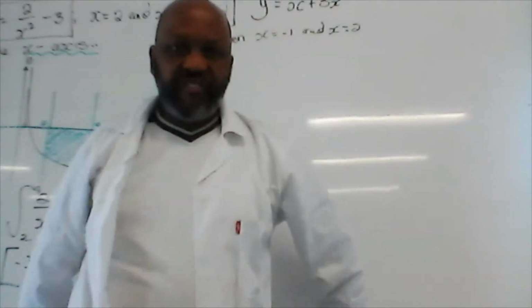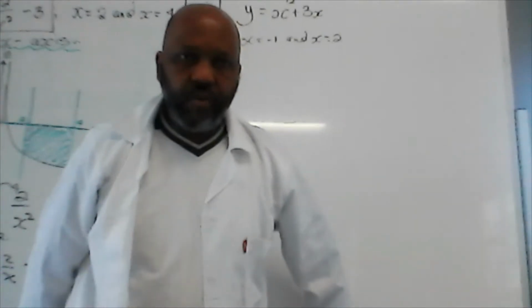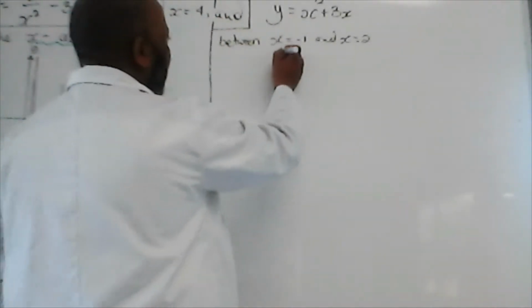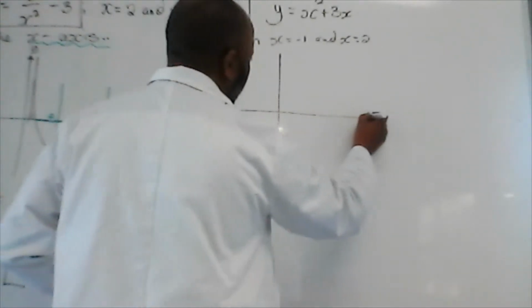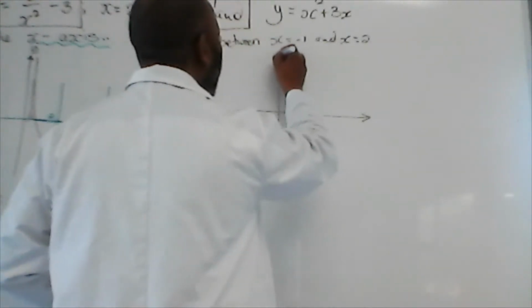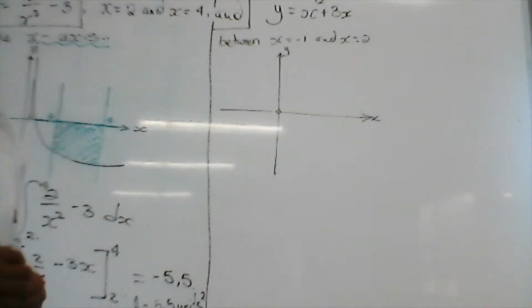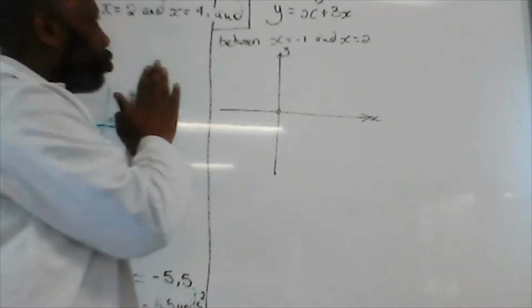Let's draw the graph first. Right, there's my Cartesian plane, that's my y, and there's my x-axis, that is my origin or my vertex.